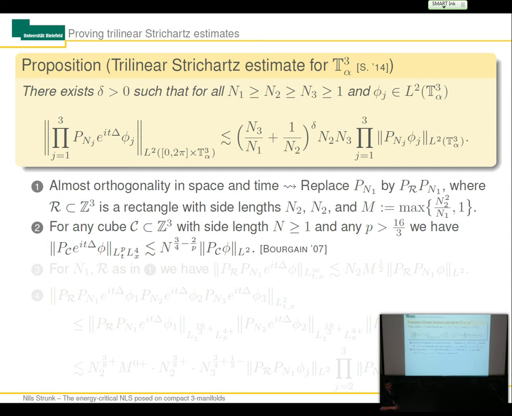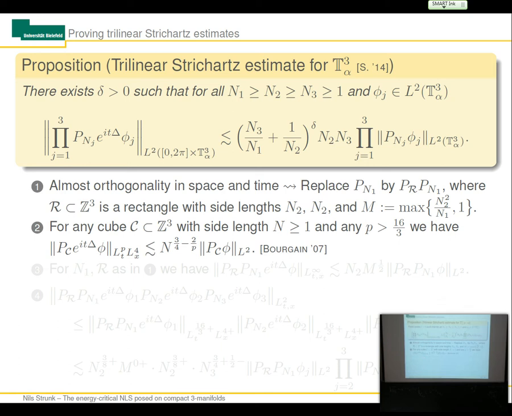So this is one main point. And this was proved by Bourgain in 2007, for p greater than 16 over 3, and this time this is the improvement I talked about earlier. In fact, it suffices to measure the space variable in L4. Then we get this kind of estimate.